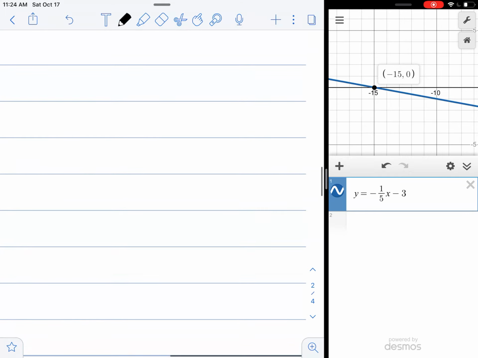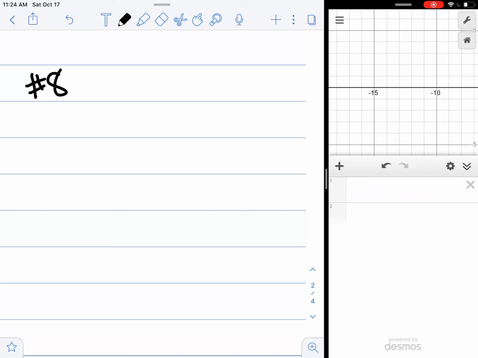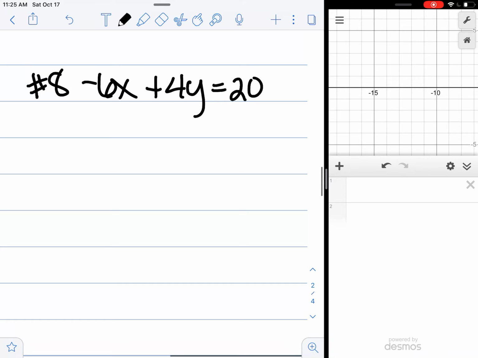Okay, last one that I'm going to do with you guys is number 8. And we have negative 6x plus 4y equals 20. Now, this one's a little bit different because that x term is negative. Normally in standard form, it'll be positive, but I just wanted to give you a different one.